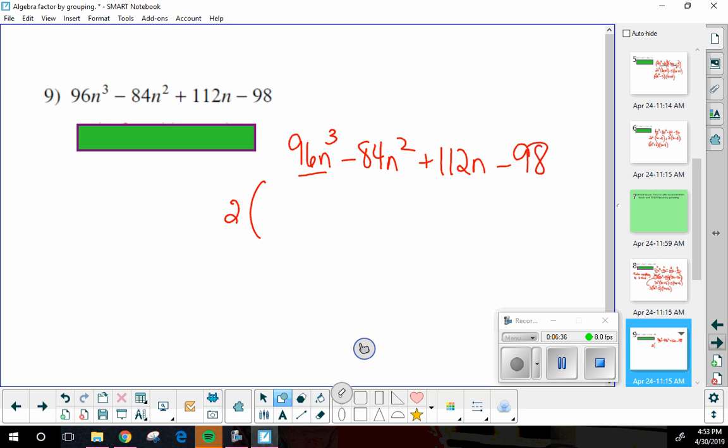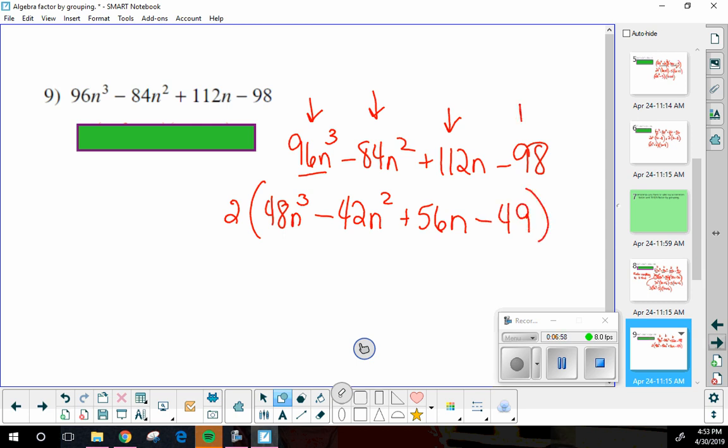Then I'm going to say, all right, 48n cubed will get you this, minus 42n squared will get you that, plus 56n will get you that, and then a minus 49 will get you that.